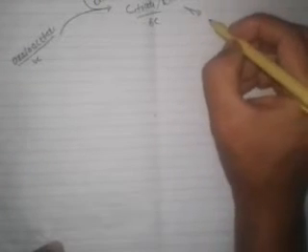In the next step, the citric acid is converted into cis-aconitate, also a 6-carbon compound. The enzyme involved is aconitase, which converts citric acid into cis-aconitate.